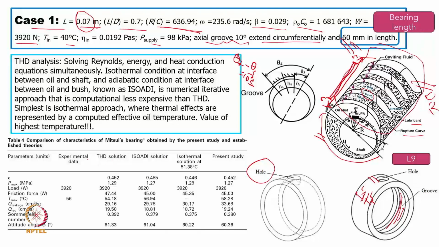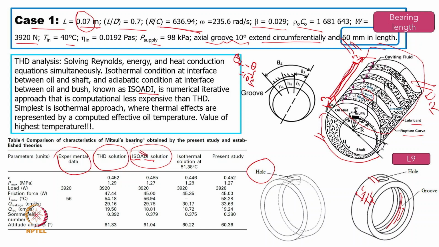Now, we compare the results with the established results, and with experimental results which were published earlier. This is what we call thermohydrodynamic lubrication. There is another solution we call the isothermal and adiabatic case. What is the meaning of this? In this case, particularly, the shaft rotates and carries a lubricant layer, so that's why it is maintained as an isothermal case, while the bearing doesn't really release energy that much.